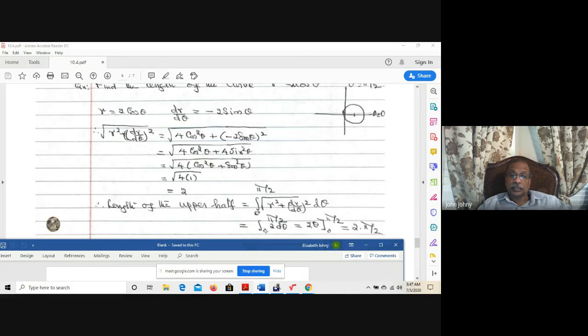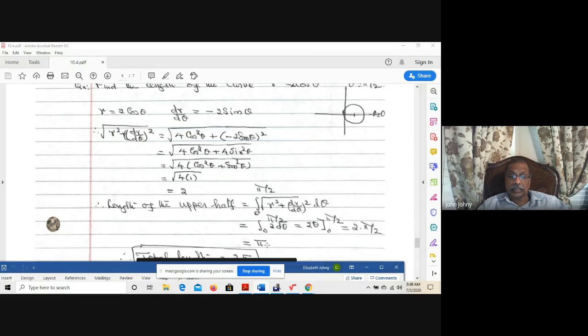So that is the integral from 0 to pi over 2 of 2 d theta. That is 2 times theta, where theta varies from 0 to pi over 2. So 2 times pi over 2. That is, the answer is pi.